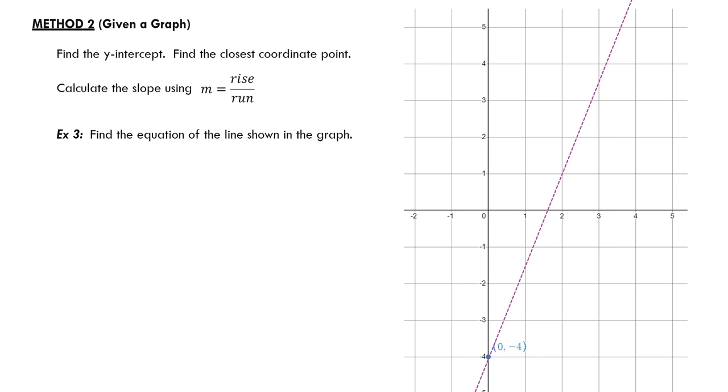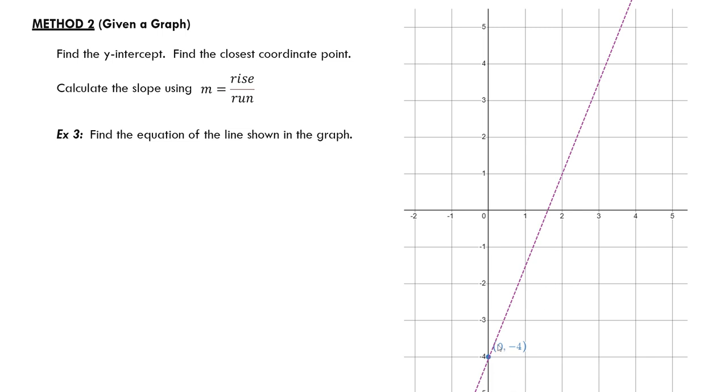Now, we find a point where the graph crosses one of the squares evenly. And if you look right here, we can see that there is a point that crosses at a coordinate that's easy to measure.